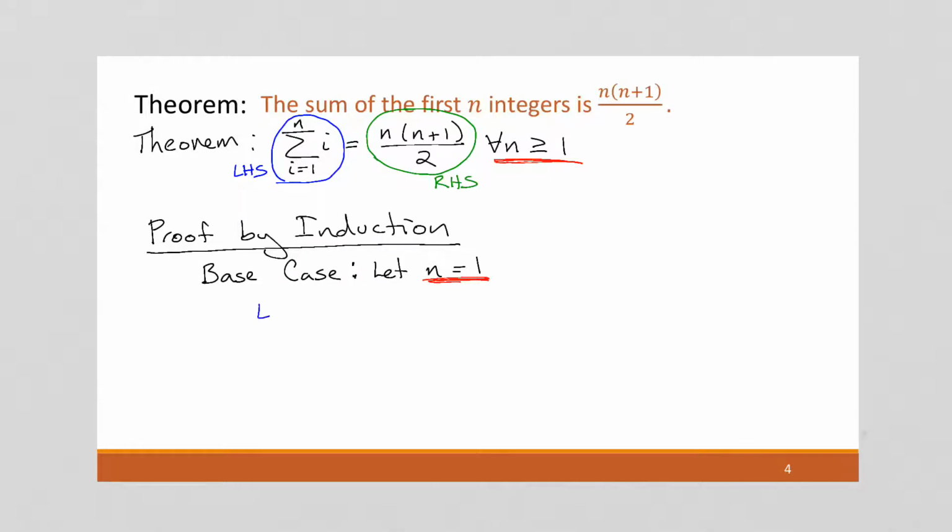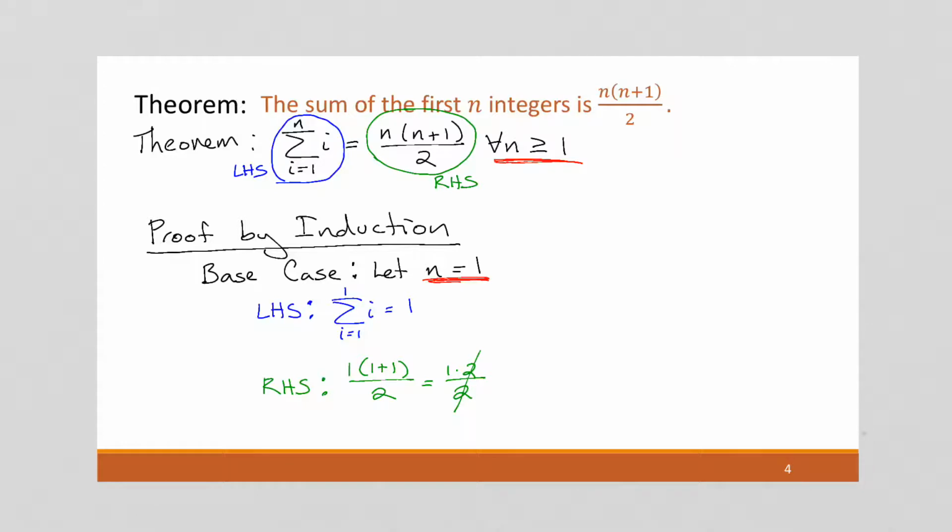Okay, so left-hand side, I'm going to plug in a 1. So I'm going to have the summation from i equals 1 to 1 of i, which is just 1. For the right-hand side, I'm going to evaluate it where n equals 1, and I'm going to get 1 times (1 plus 1) over 2, which works out to 1 times 2 over 2.